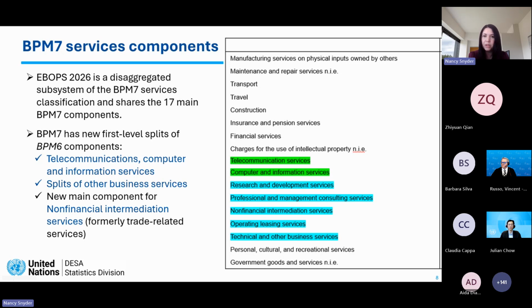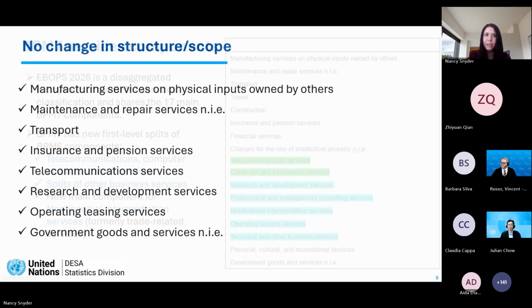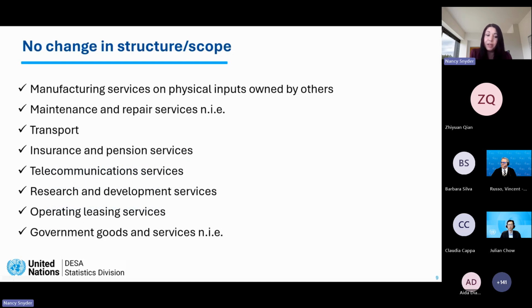We have professional management consulting services, technical and other business services, for instance. And there's a new main component for non-financial intermediation services. For those of you familiar with EBOPS 2010, this was formerly called trade-related services, but now it's its own separate category. So several of the components did not see a change in structure or scope, and these are listed here.